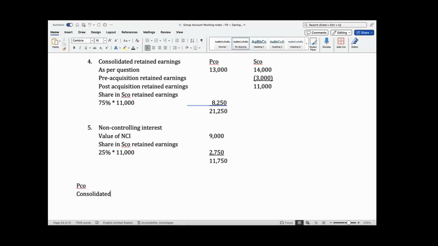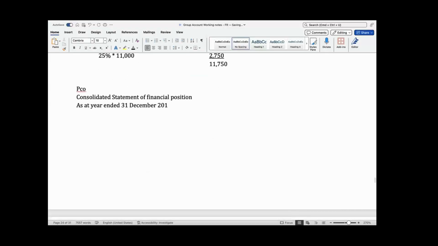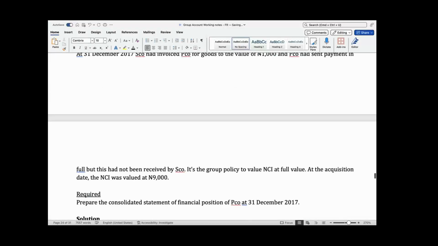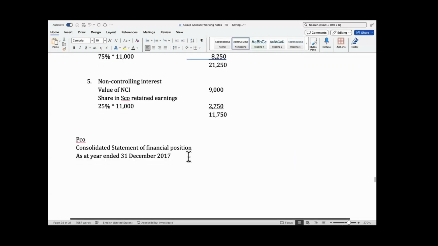Okay, let's do our consolidated statement of financial position as at year ended 31st December 2017.